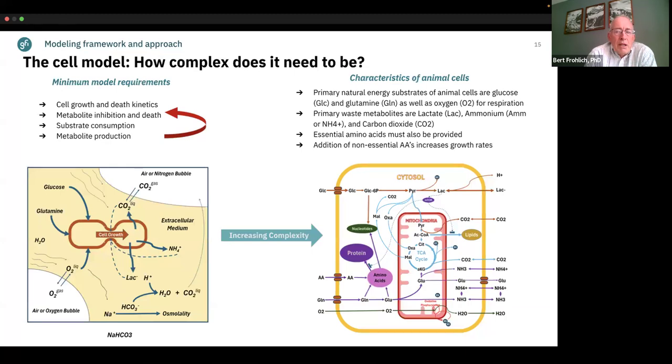The primary metabolites generated from the consumption of those substrates are ammonium, lactate, and carbon dioxide. And if the pH drifts, we often add base to a reactor to control the pH, and therefore the osmolality also goes up. So that's kind of the minimum.